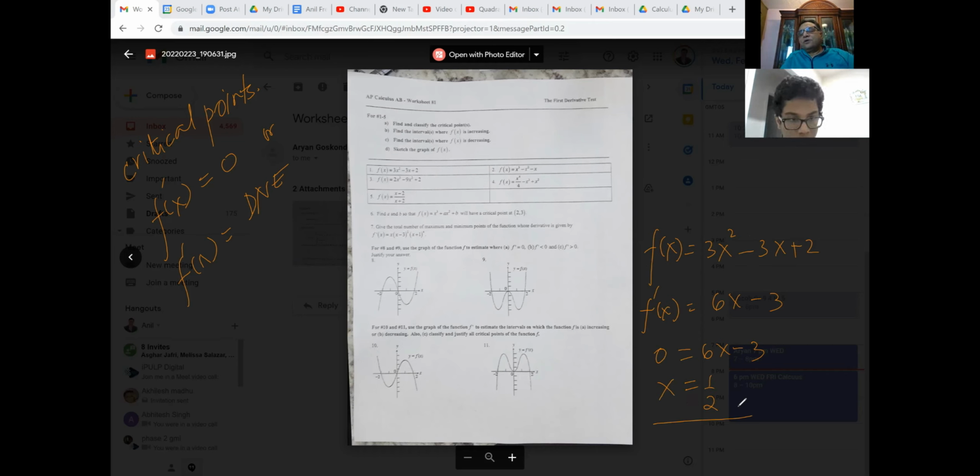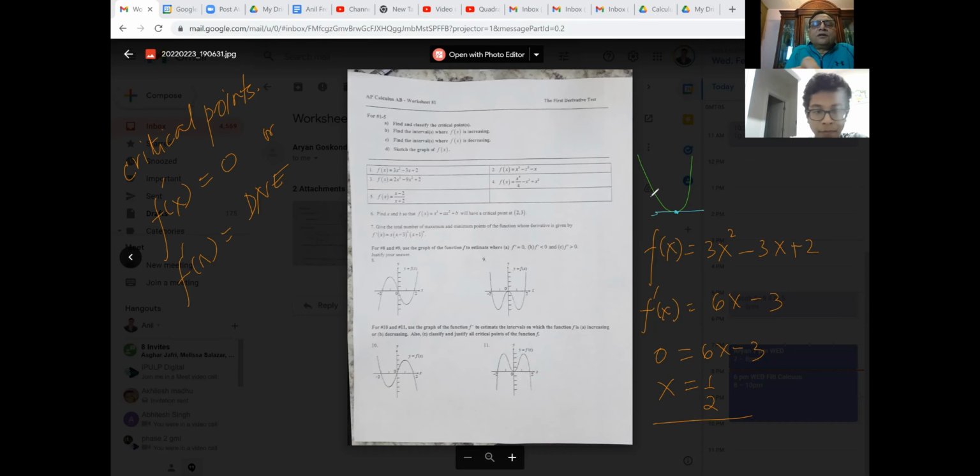So at x equals half, we have a critical point. And that also means that it is a turning point, right? It's a parabola, clearly. So if it is a parabola, we can sketch this parabola also. It's kind of like this, correct? So what we found just now is that the turning point happens at x equals half. Clear? So that is the turning point.